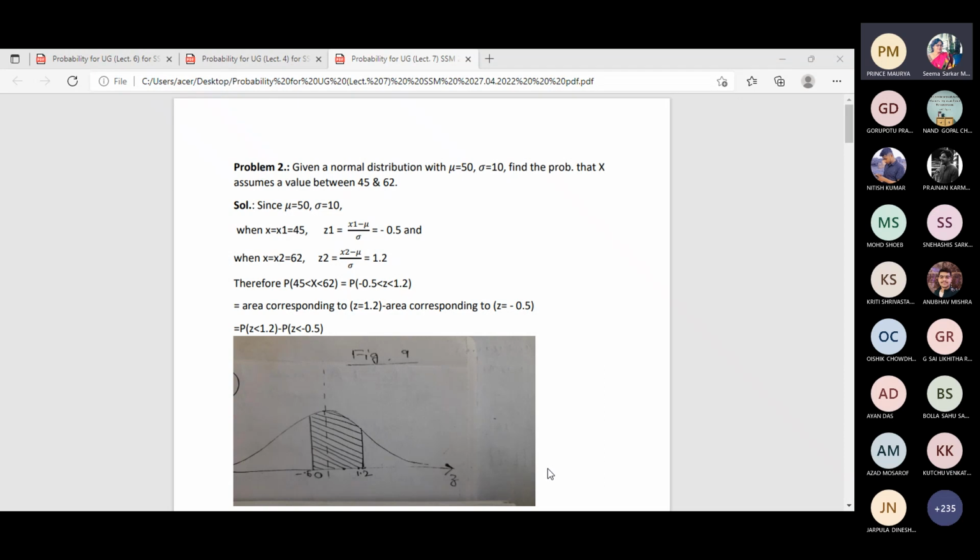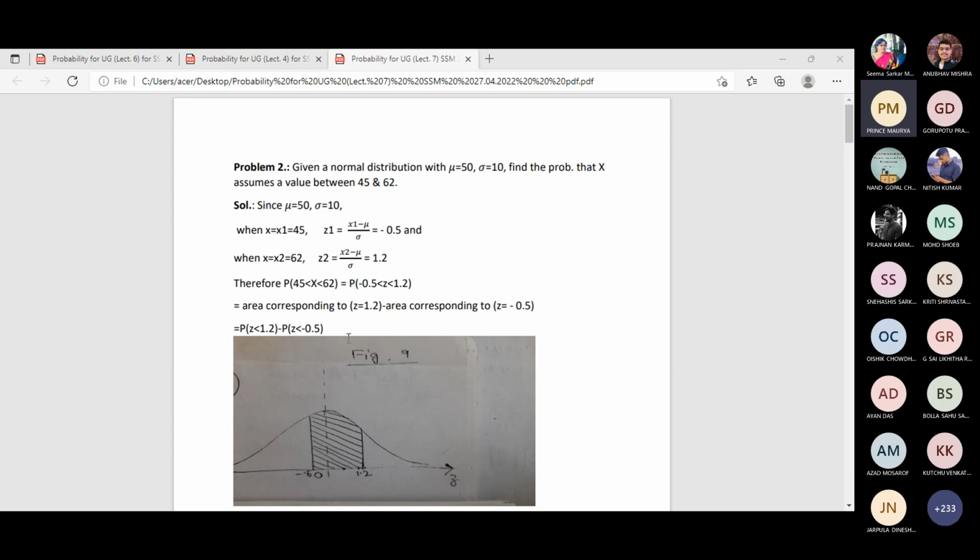Have you understood this? Ma'am, from where are you getting 0.45? No. In the question, it is given that it has 45% of the area to the left. 45% means 0.45. Out of 100, it is 45. That means 0.45.